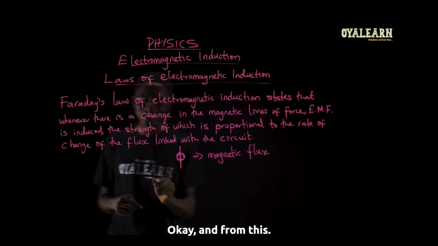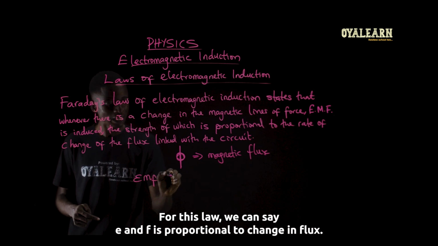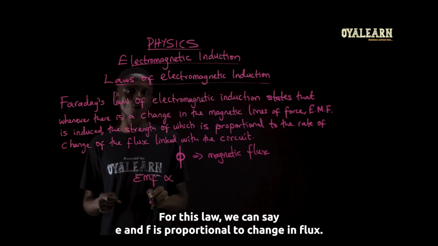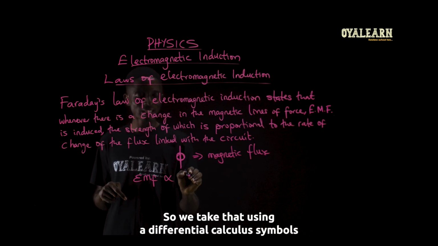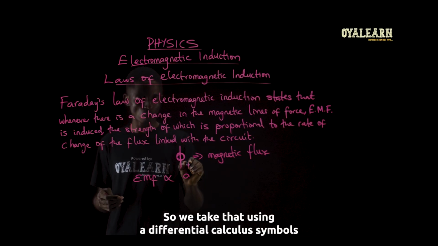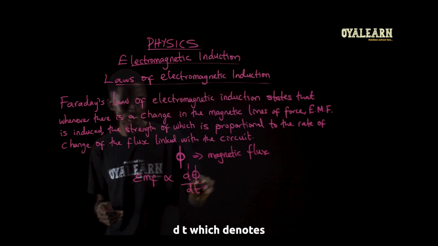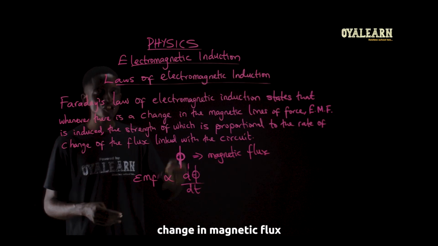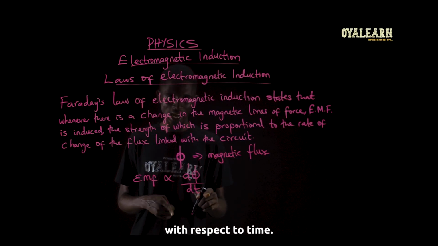Okay, and from this Faraday's law, we can say EMF is proportional to change in flux. Since it is changing with respect to time, we take that using our differential calculus symbols. We say d phi dt, which denotes change in magnetic flux with respect to time.